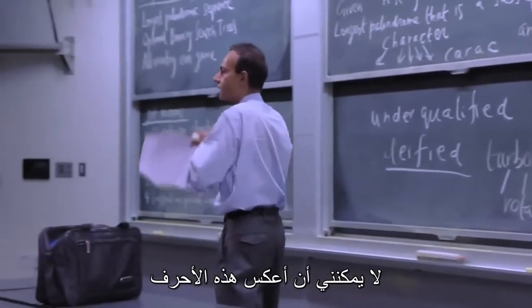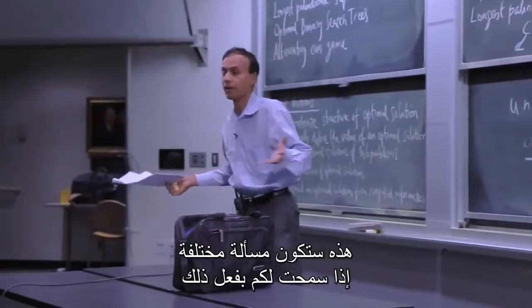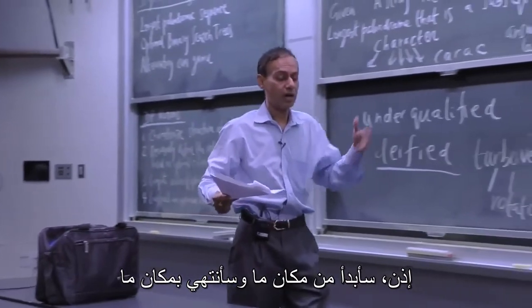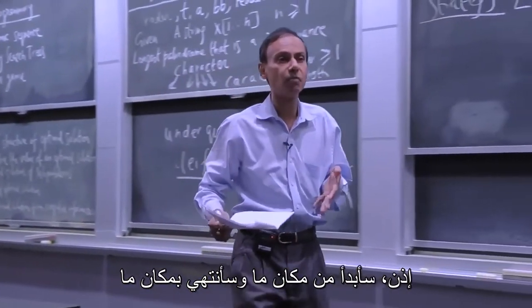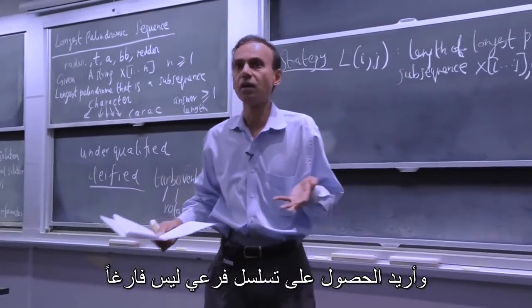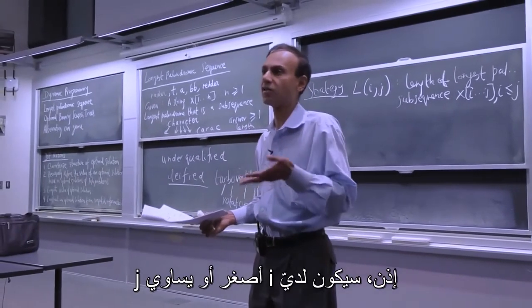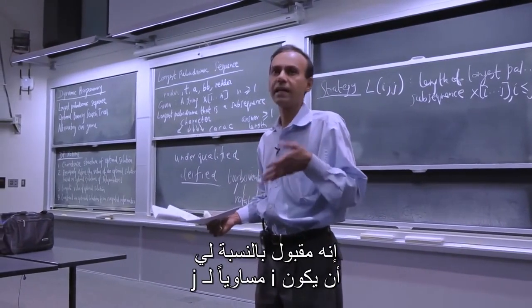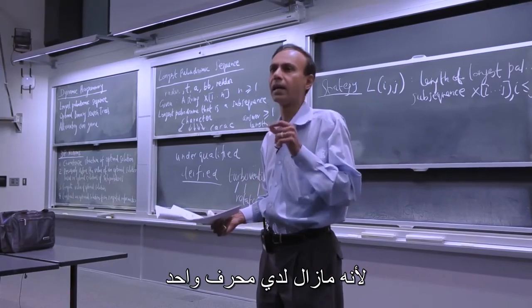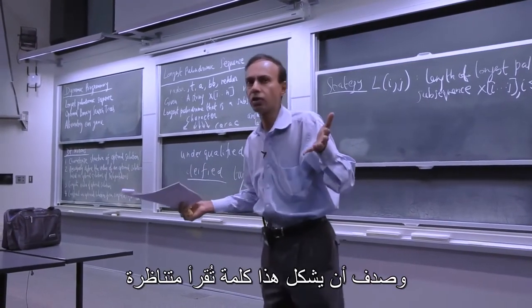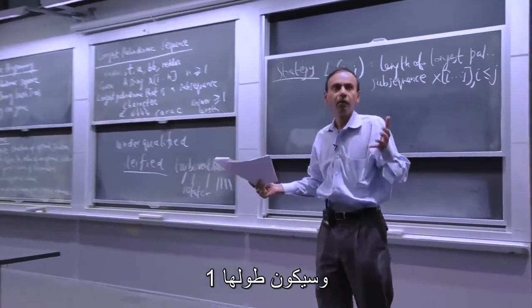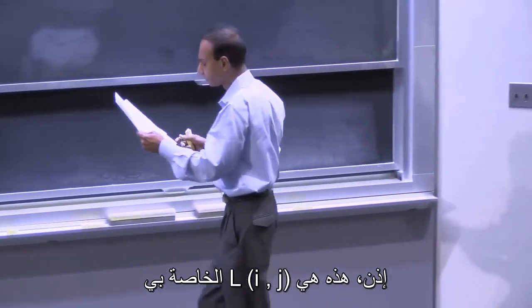It's not like I can invert these letters, right? That would be a different problem if I allowed you to do that. So I'm going to start somewhere, and I'm going to end somewhere, and I want to have a non-null subsequence, so I'm going to have i less than or equal to j. I'm good with i being equal to j because I still have one letter, and that happens to be a palindrome, and it'll have a length of 1. So that's my L(i,j).